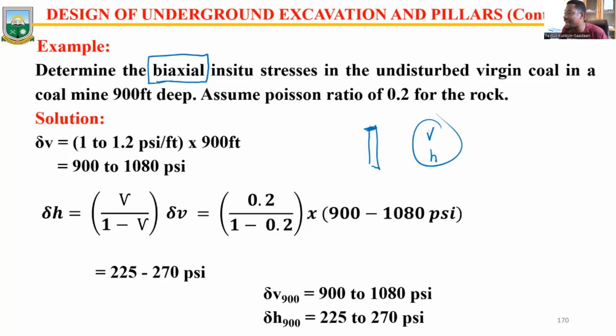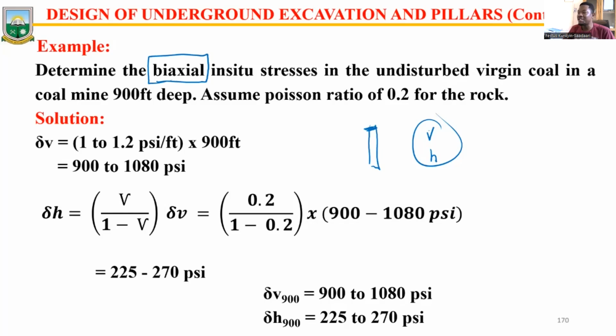So determine the biaxial in-situ stresses in the undisturbed virgin coal in a coal mine at a depth of 900 feet. So I am to go and start coal mining. No work has been done there, but I want to have a fair idea of the pre-stresses that exist at 900 feet if I am to start work.